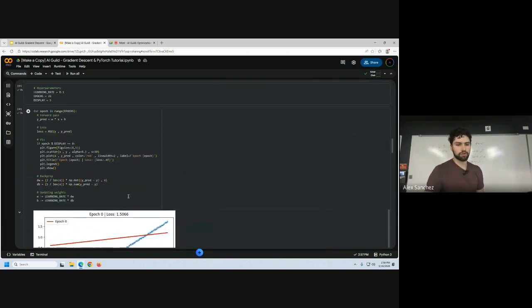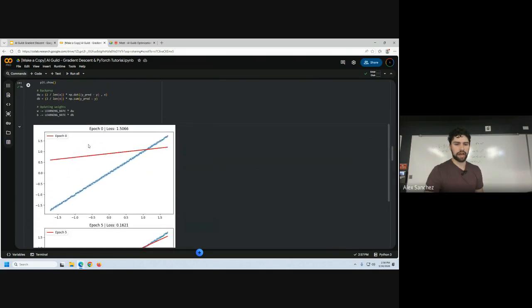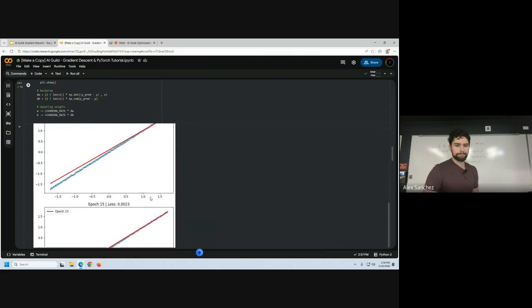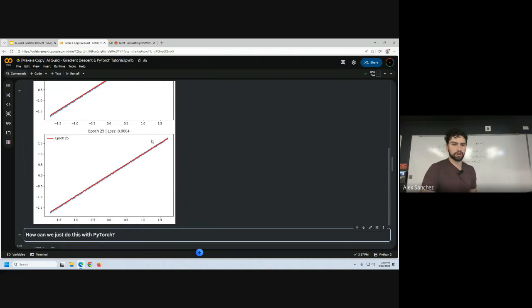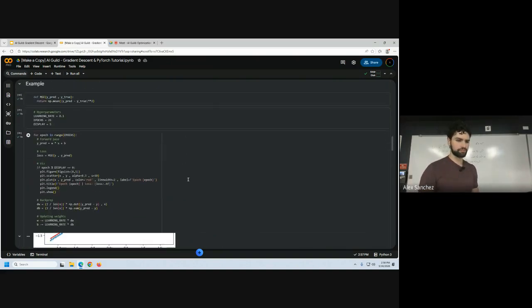Look at what happens when our loss function is high. This means that on average, the separation is huge between a true value at 1.5 and the actual value at 1.5, for example. By the time we get to epoch 20, epoch 25, our loss is really low, and you see that the line best fits that.